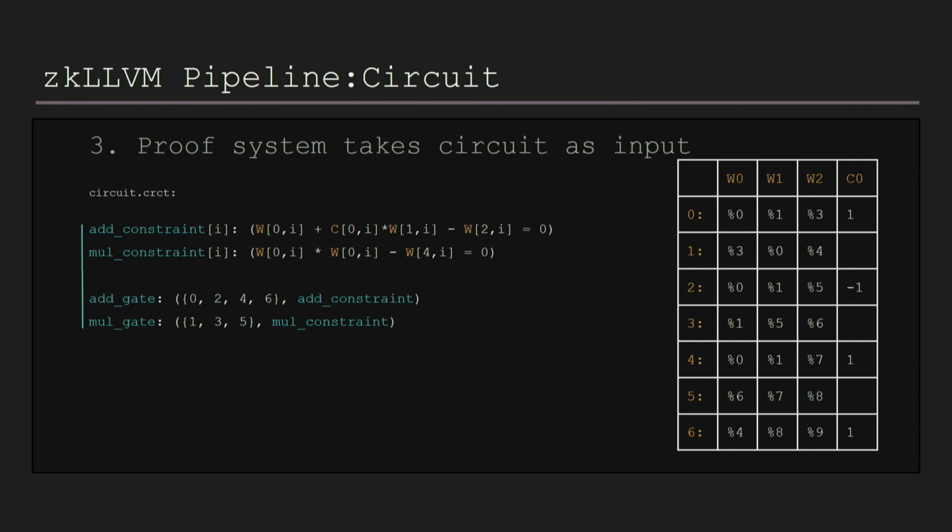So you see there is the code. It contained only three operations: addition, subtraction, and multiplication. And so we have only two constraints instead of like 200 or something for the zkVM pipeline.